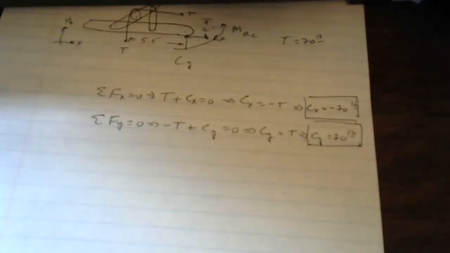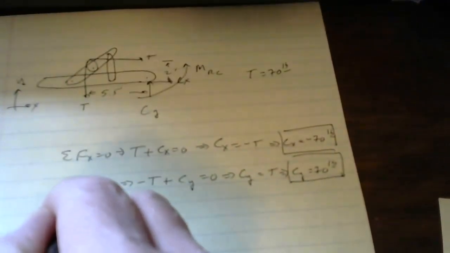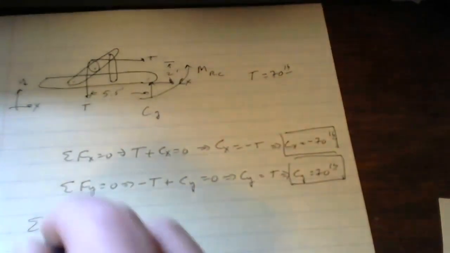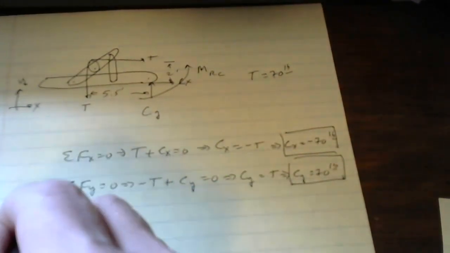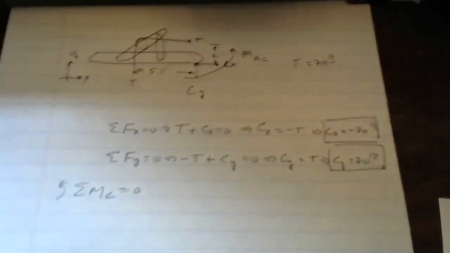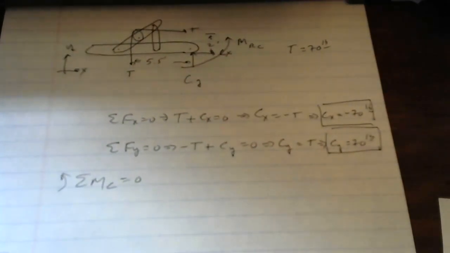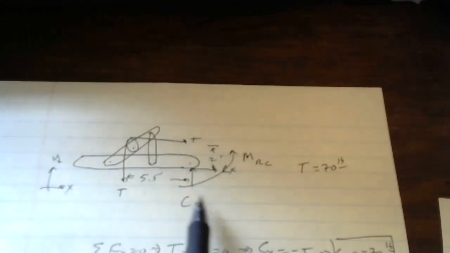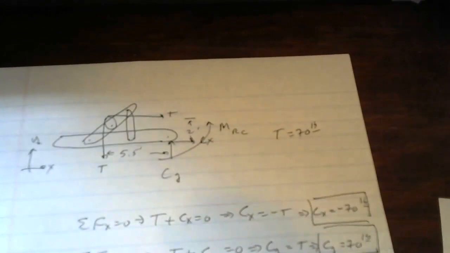Okay, and now I do my moment equation. I'm going to do the moment about C. There is no moment caused by Cy or Cx. So what I have is a moment caused by this tension, another moment caused by this tension, and of course, the reaction moment.